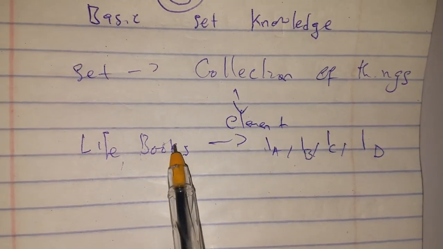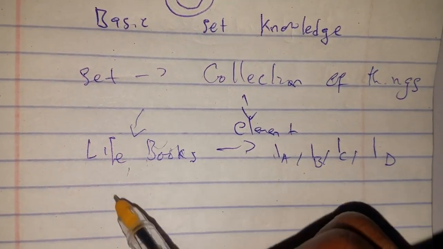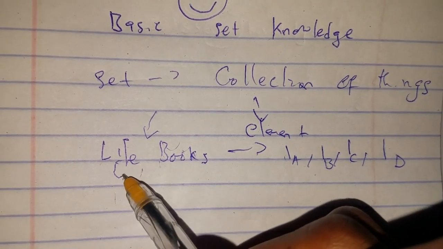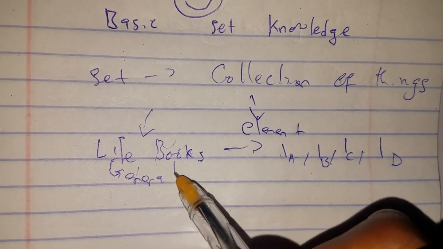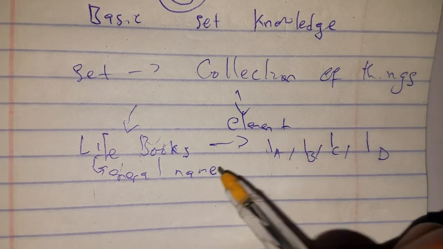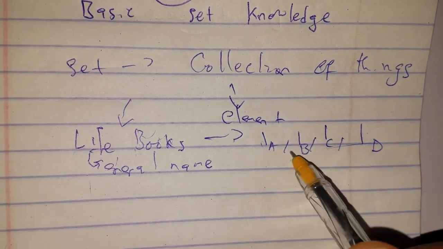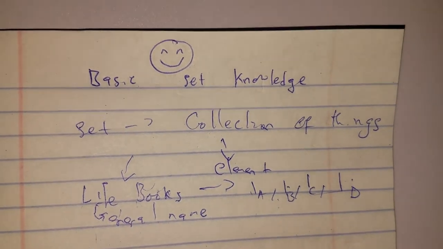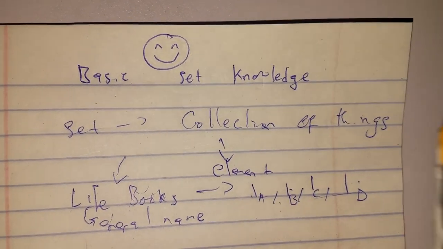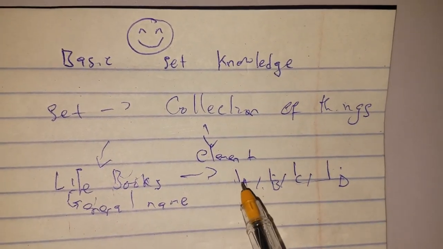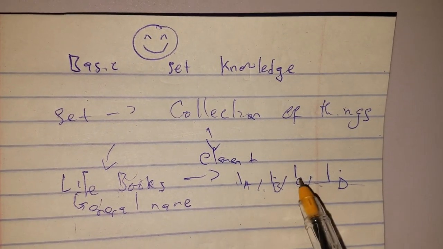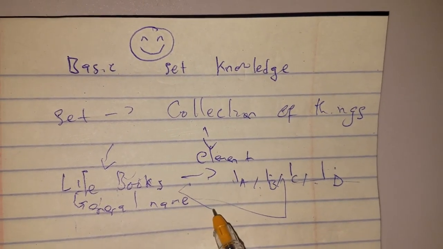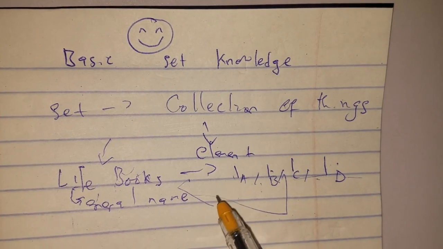This is the set, the general name, and these life books are the elements. So a set is a collection of things. The relationship between these books is that they are all life books. That is a set in real life.